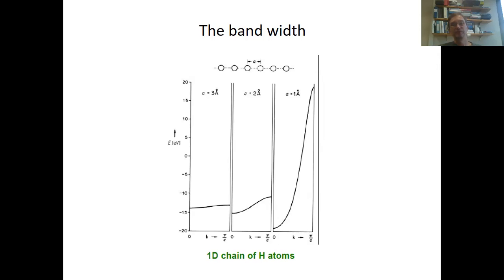So the difference between the most bonding and the most antibonding crystal orbital determines the bandwidth. So the bandwidth is an important parameter, a concept in band theory.